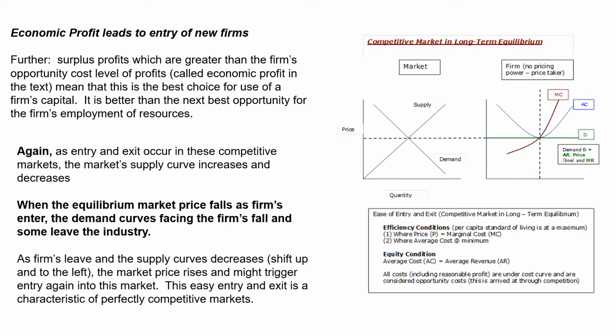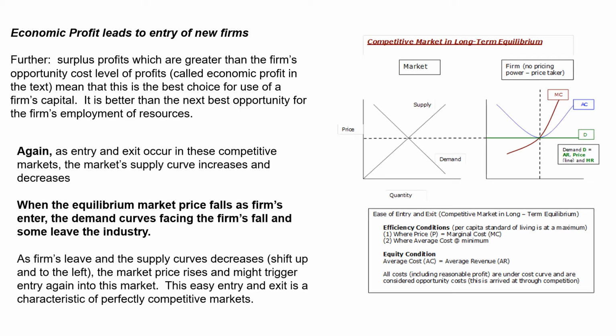So this is that entry and exit, how market forces are at play to drive that, if you will. As firms leave and the supply curve decreases, shifting to the left, the market price rises and might trigger entry again into this market. Again, this ease of entry and exit is characteristic of perfectly competitive markets.